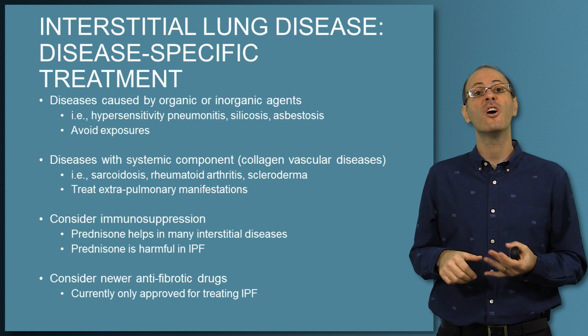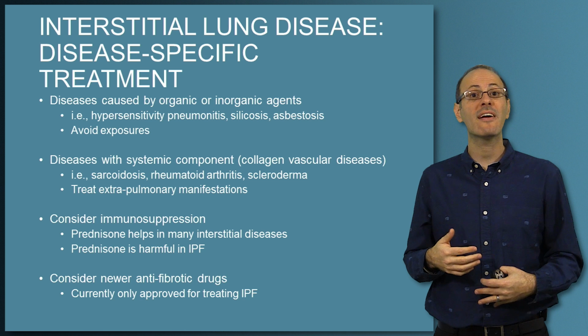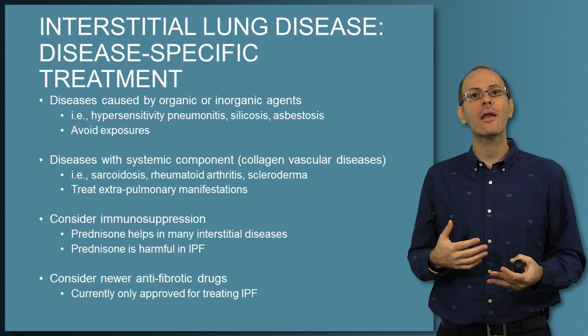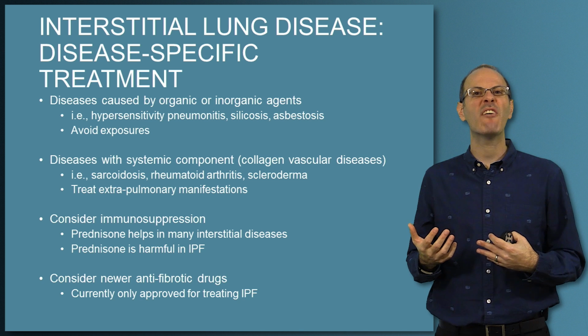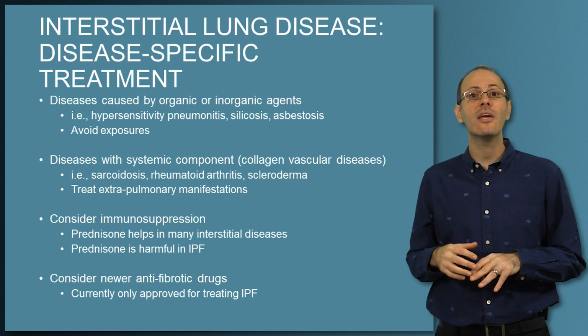Classic examples include sarcoidosis, where people can get inflammation all over the body, affecting any organ system, or things like rheumatoid arthritis or scleroderma, where patients can have problems all over the body, but specifically commonly with the skin and joints.